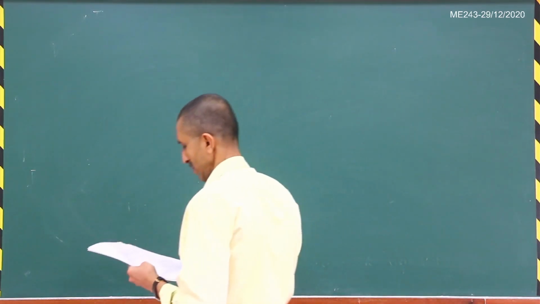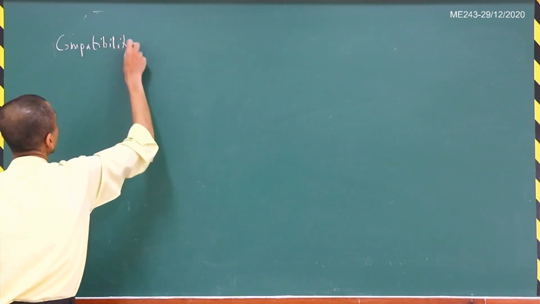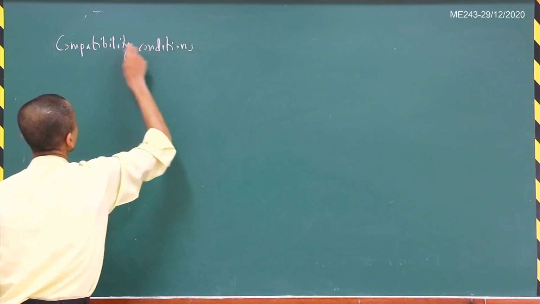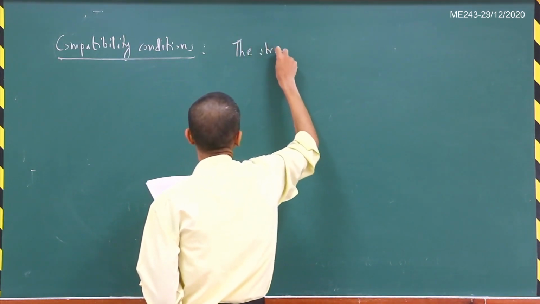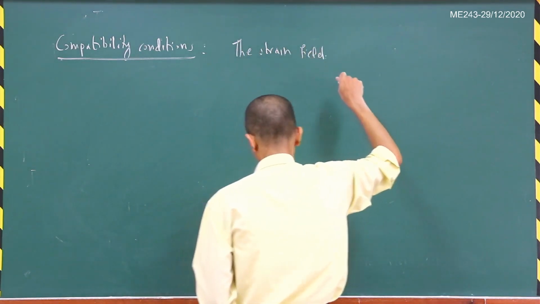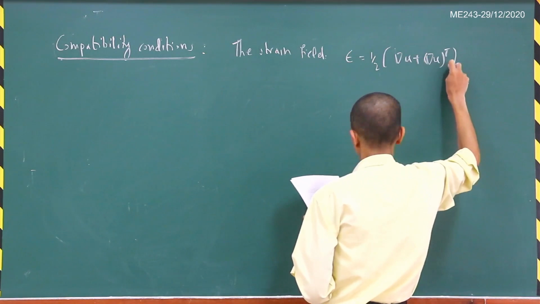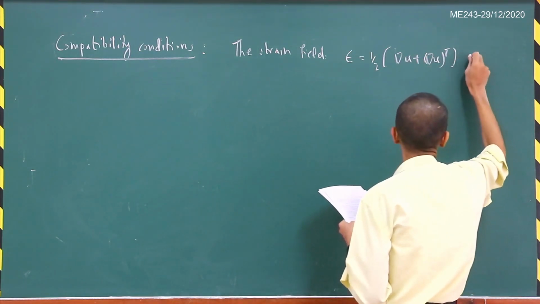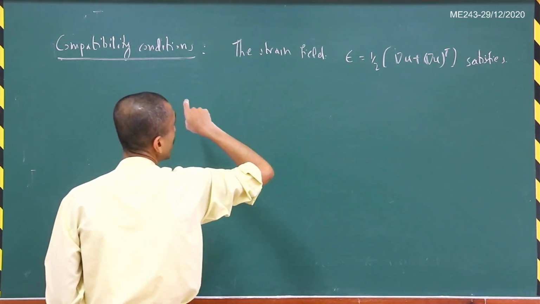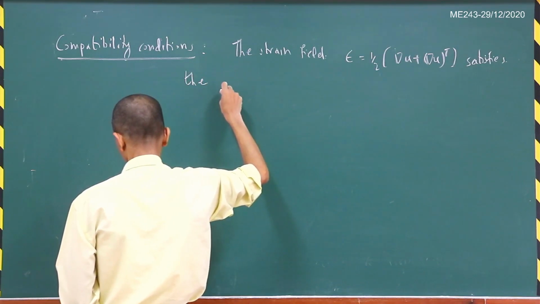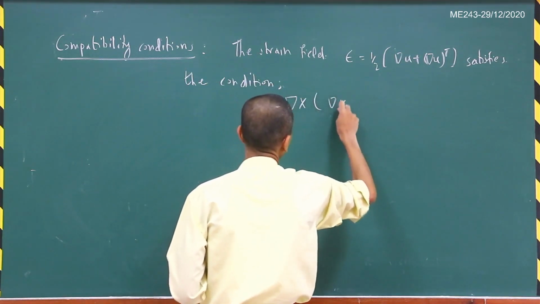So compatibility relations, let's look at those things now. The strain field epsilon, U transpose, satisfies the compatibility conditions: del cross del of epsilon equal to 0.